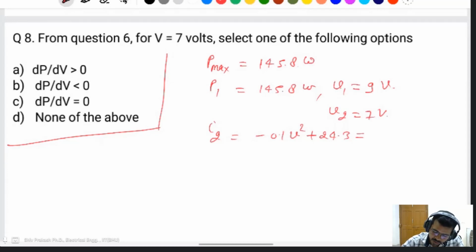Put the value of 7 volt here. This will be V2, 7 square is 49 into 0.1, that is 4.9, minus 4.9 plus 24.3, it will be 19.4.